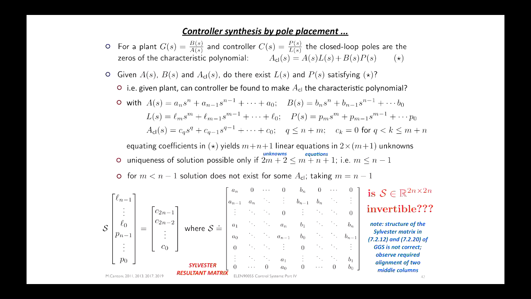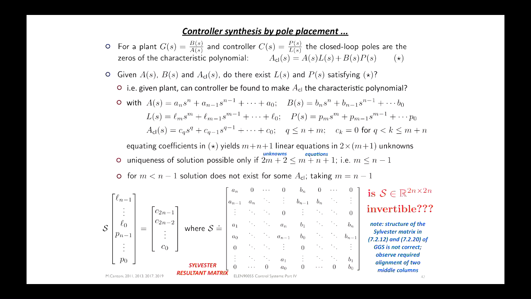And we know that the closed loop poles correspond to the zeros of the so-called characteristic polynomial. If we represent our plant transfer function as a ratio of 2 polynomials B and A, so that'll be given, and we're looking to choose the controller transfer function, which is just a ratio of 2 polynomials P and L, such that the characteristic polynomial, which is given by this, has zeros in specified locations.